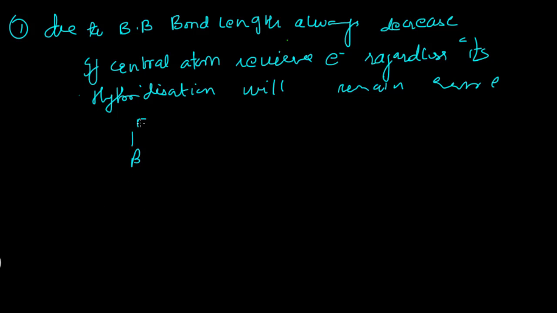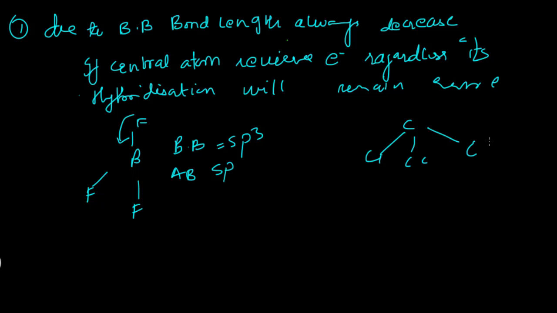So BF3 case, we learned how it is. Before back bonding it is sp2, and even after back bonding it is sp2. Okay. And let's check out another example. If the central atom donates a lone pair, as we saw in the case of CCl3 minus, then its hybridization will change, because your central atom is giving the electron, so that electron is delocalized, and we do not count delocalized electrons in hybridization.